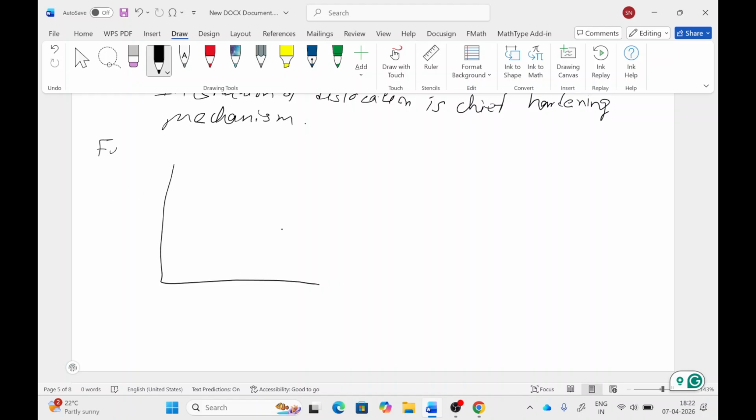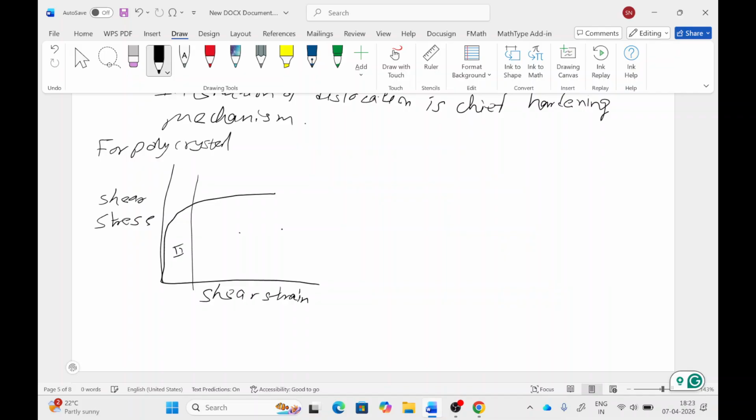For polycrystal, the shear stress versus shear strain graph looks like this. In this, only the second and third stage is there.